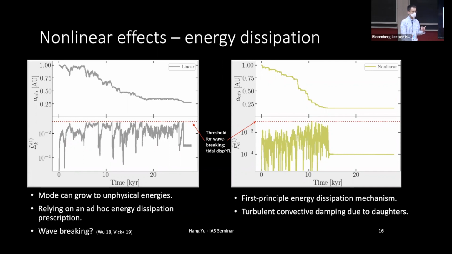And then maybe they can be a source for dissipation. But yes, that's an excellent question. Yeah, that's excellent, and that's another reason why we need to couple this with the structure change.